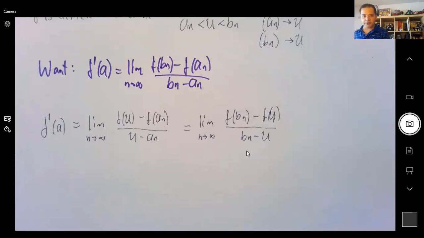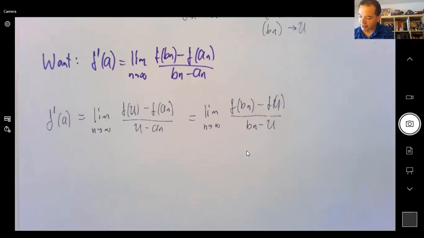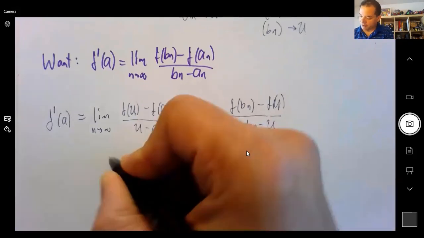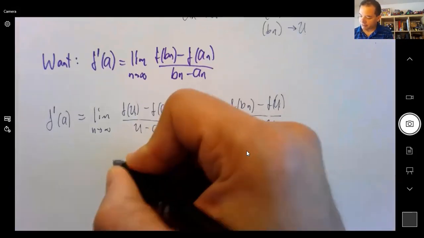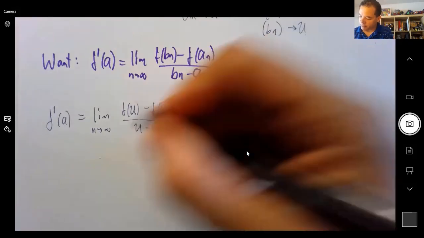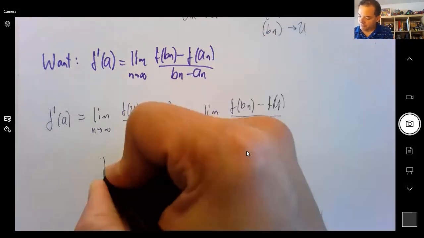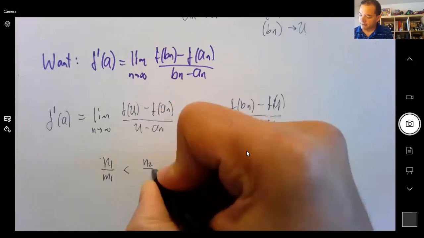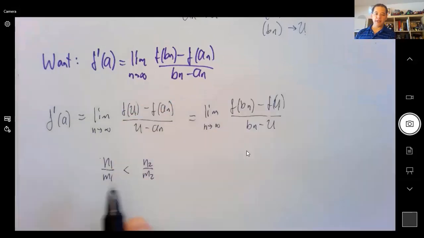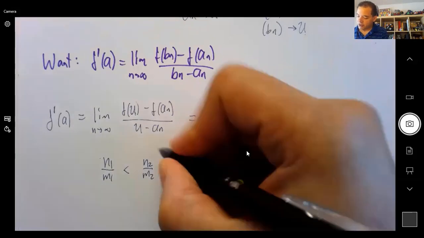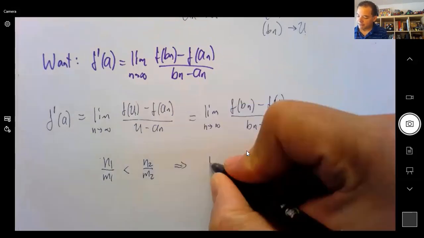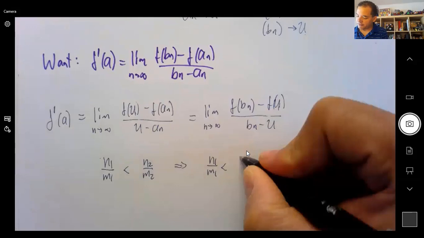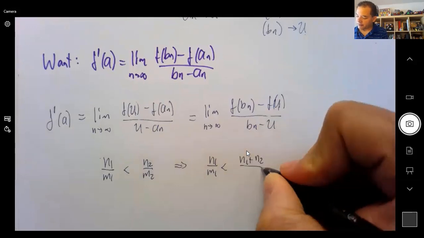You may remember that if you take two rational numbers, let's use n1 over m1, where one is bigger than the other, and you want to find one in between, you can add up the numerators and add up the denominators.